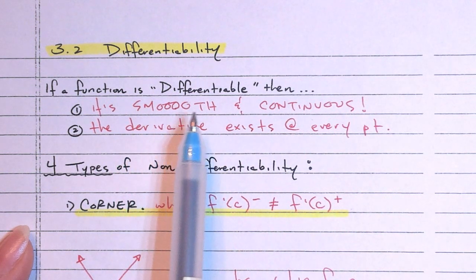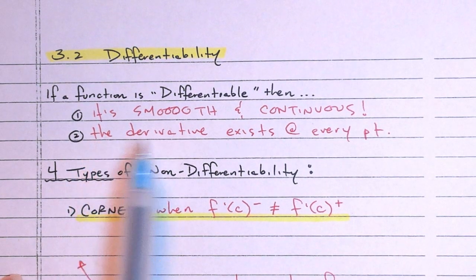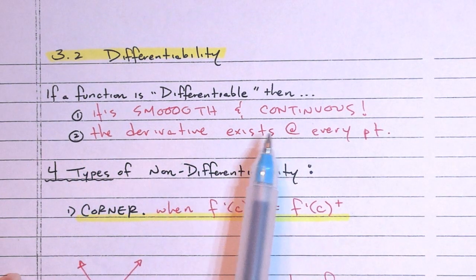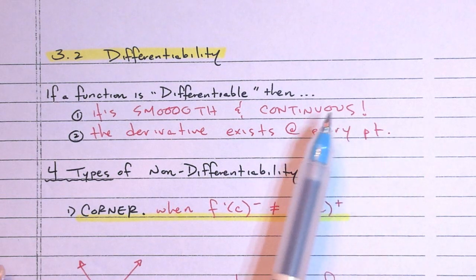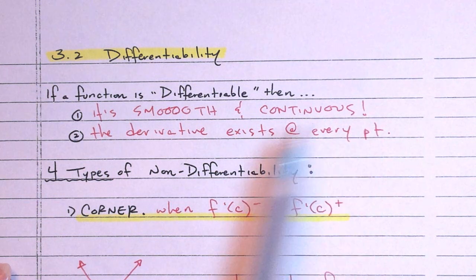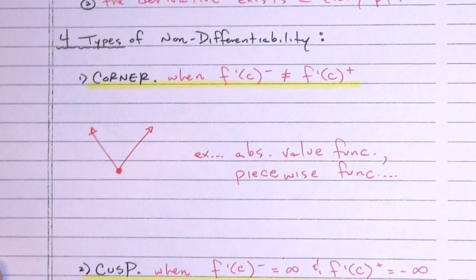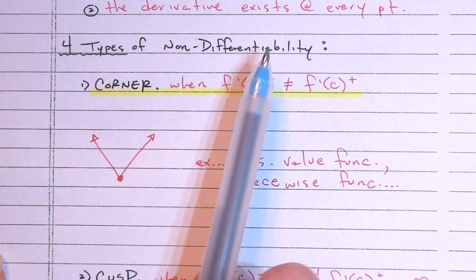And it has to be smooth, like slopes follow these smooth curves. And then the derivative, which is the slope, exists at every point. So if you're continuous and you can get a slope everywhere, then the function is differentiable. So let me show you 4 types of non-differentiability.